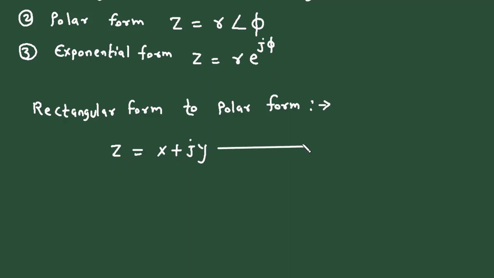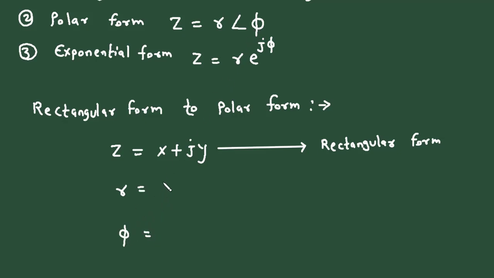This is called rectangular form, and we want to convert it into polar form. So here we need r and phi.